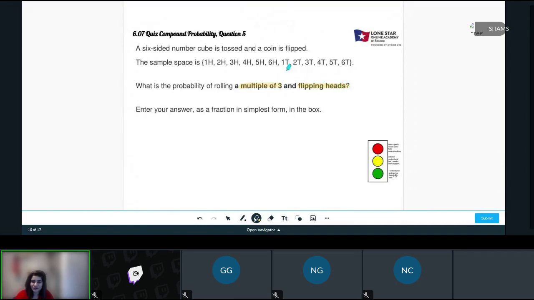So I'm going to confine myself to heads and multiples of 3. This is a multiple of 3. 6 is a multiple of 3, and we got heads. So there are basically only 2 favorable outcomes. Multiple of 3 and heads is 2 favorable outcomes out of 12, and you can simplify that by 2, which is 1 over 6.